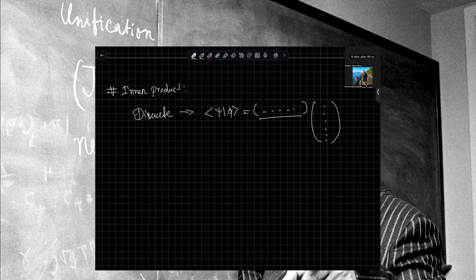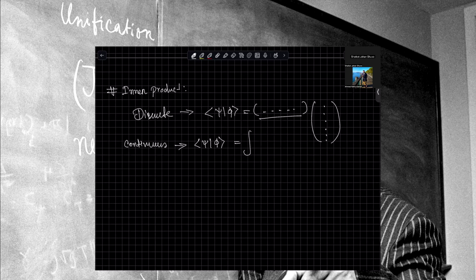For example, if you're dealing with spin half or spin one, these will be finite row vectors or column vectors. But what if you are dealing with continuous? That means you're dealing with an infinite dimensional Hilbert space. How do you write this phi and psi?